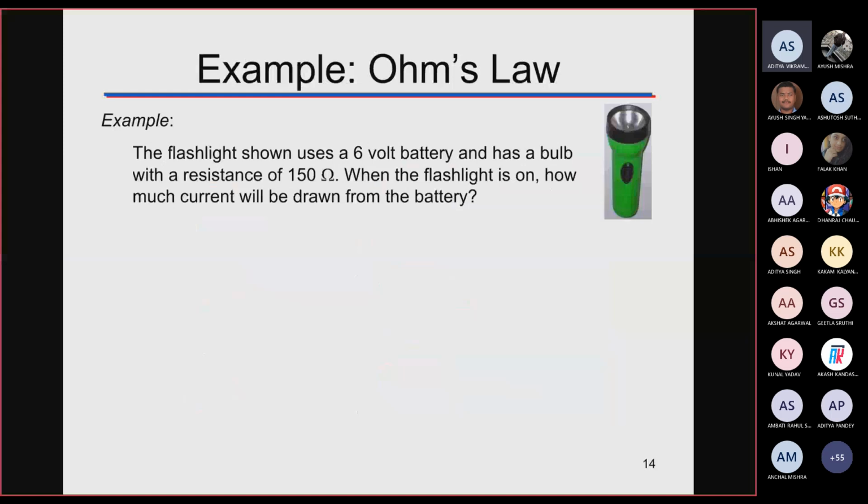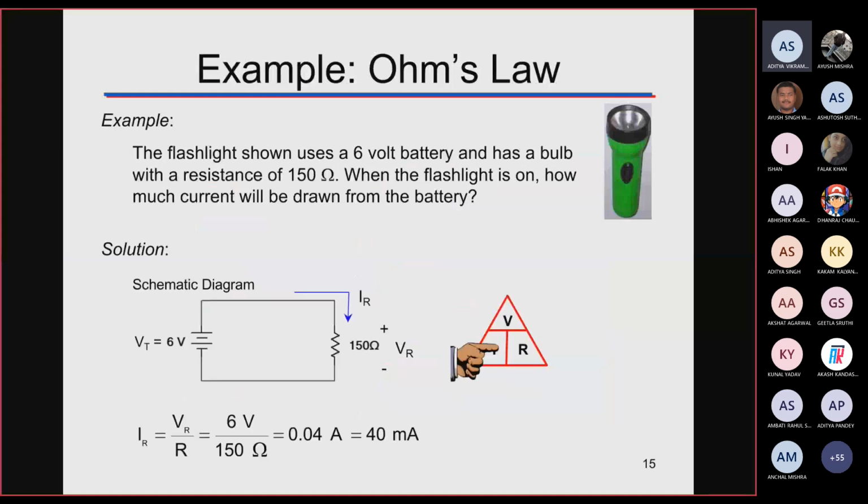When the flashlight is on, how much current will be drawn from the battery? Very basic thing. I don't think we should talk about this, because nowadays लोग 7th, 8th, 9th में ही पढ़ लेते हैं. इसीलिए काफी बेसिक पीपीटी मैंने आज का रखा है कि तुम लोग जस्ट एक बार रिकॉल कर पाओ सब चीज को, so that we can start in detail from the next class onwards.